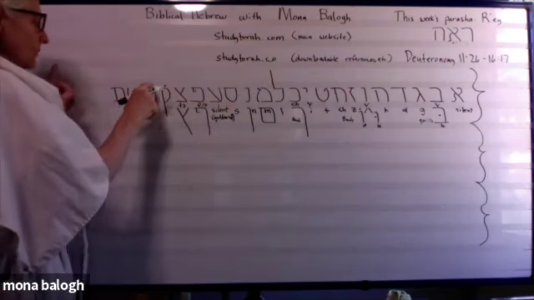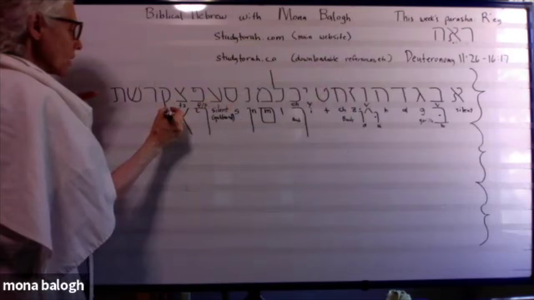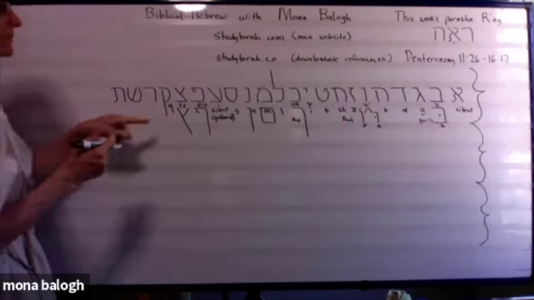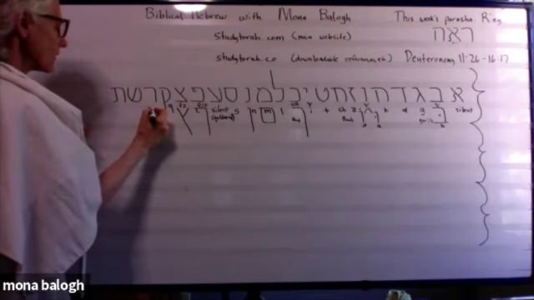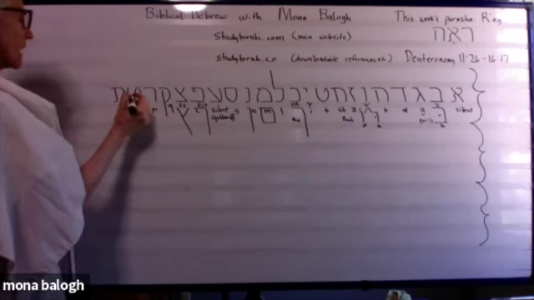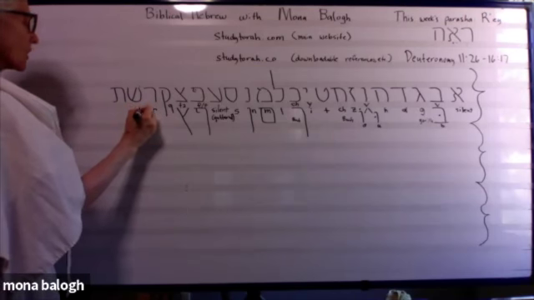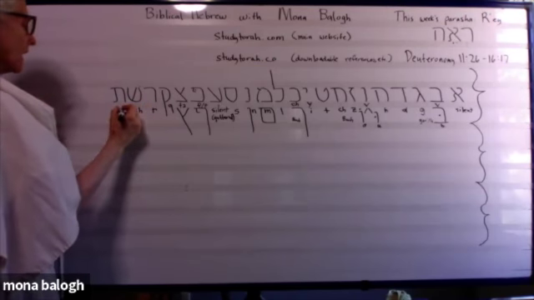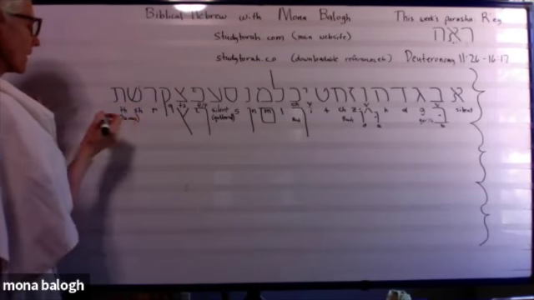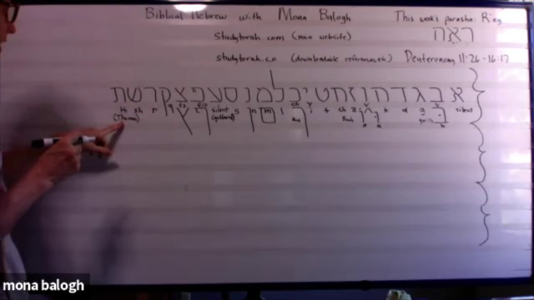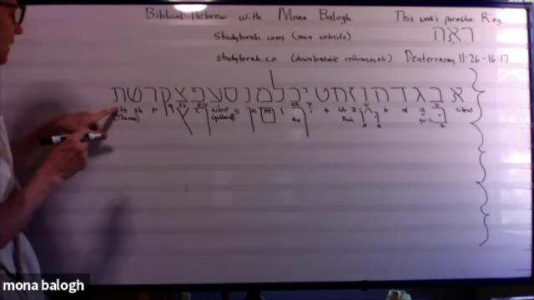If you do the kuf backwards, it looks sort of like a Q. And that's the sound it makes, Q. Okay, resh is R, just like it sounds. Shin is SH. And tav is actually a TH, like in Thomas. Okay. So it's a hard T sound, but it's actually a TH sound, is the way it originally was pronounced.